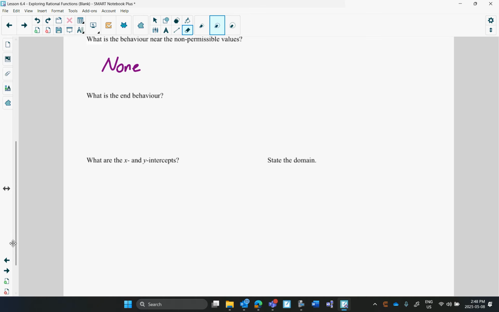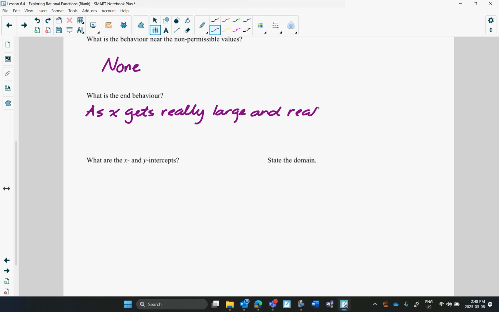So before I get to the y-intercept, the end behaviors once again: as x gets really large and really small, y approaches 0.